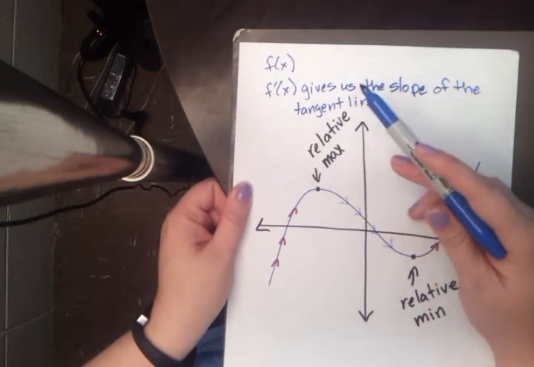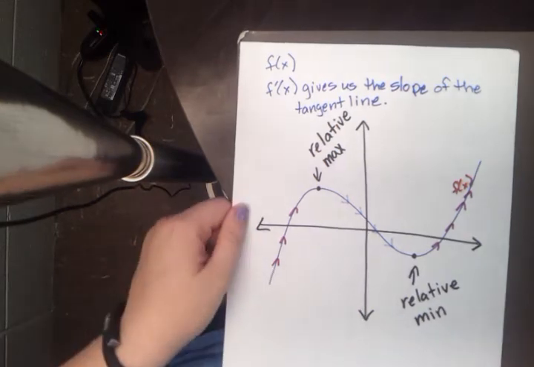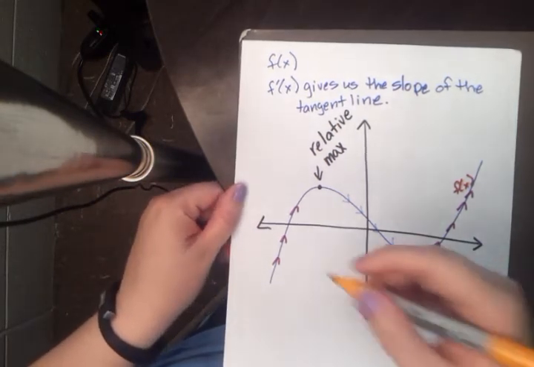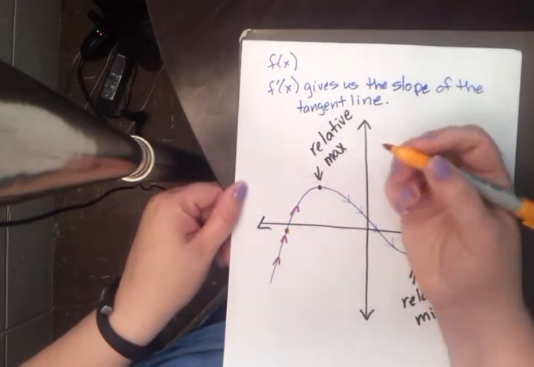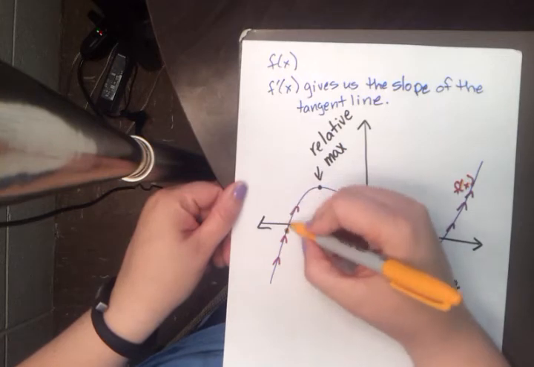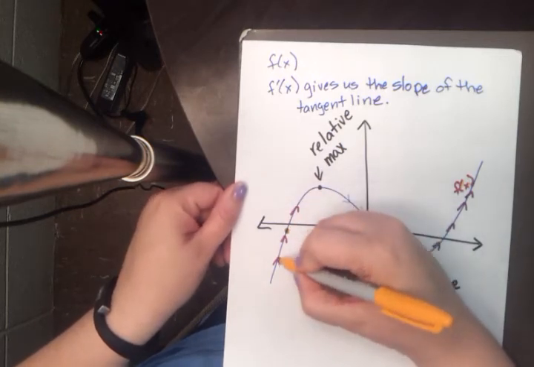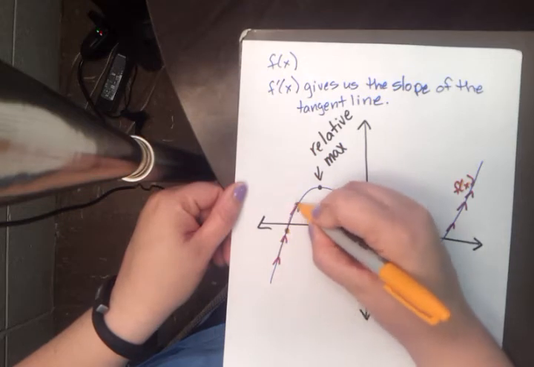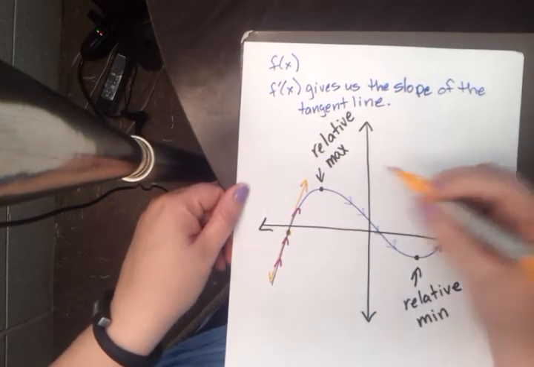Okay? So if we take the derivative of the function f of x and we plug in a value and the answer we get is positive, what that's telling us, say I found the derivative and I ask you to plug in this point here. I ask you to find the derivative at this point. You plug in an x value to your derivative function and you're going to get the slope of a tangent line.